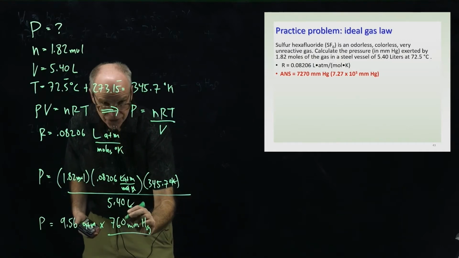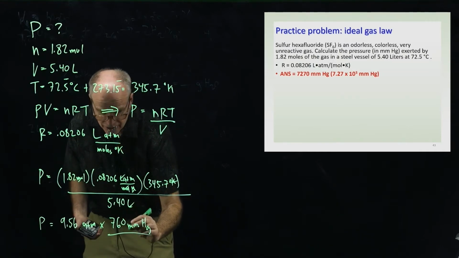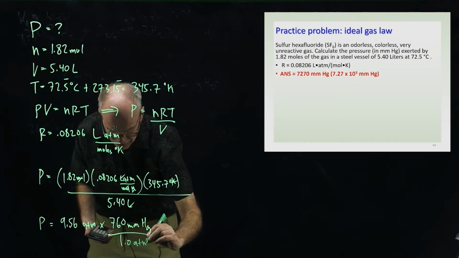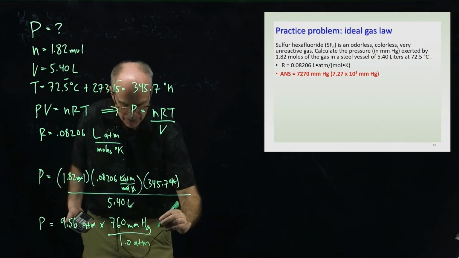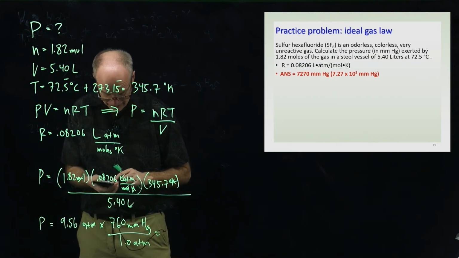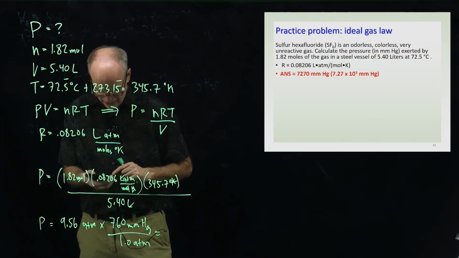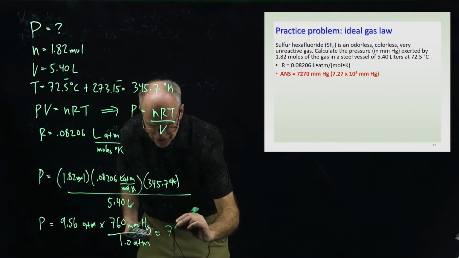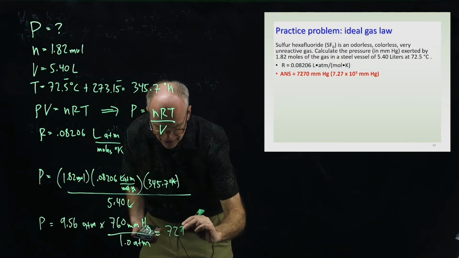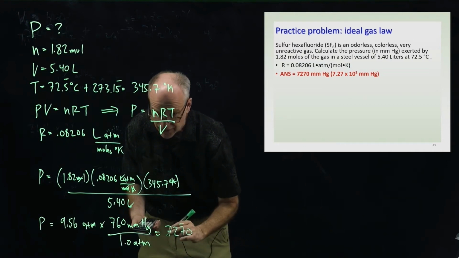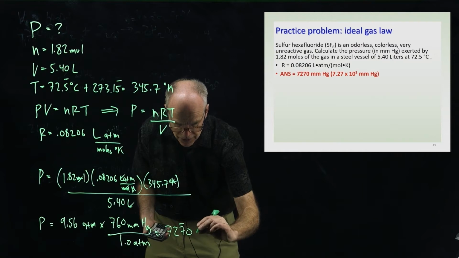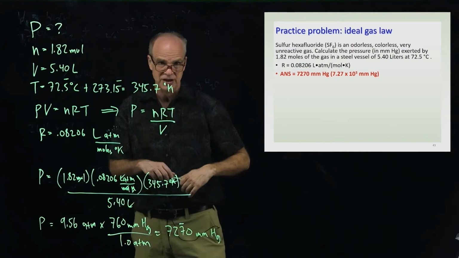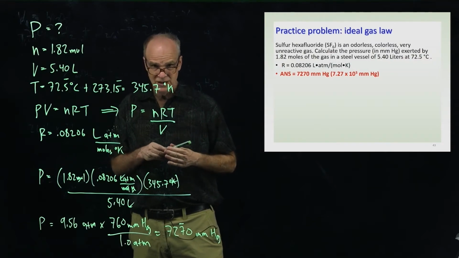I think these 3 digits are considered significant, and 1 is an exact number. So what do I get? Rounded to the correct number of significant figures, I get 7270 millimeters of mercury, which should be 3 significant figures. And if you wanted to, you can convert this into scientific notation. So that should be the answer there.